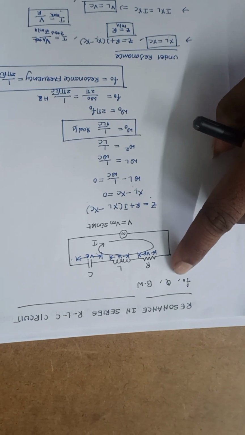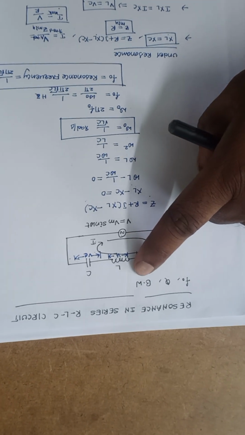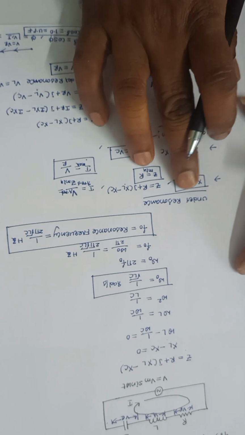Okay, so that is about the finding of this resonance frequency. First point is finding of the resonance frequency. Next point is finding of the bandwidth and some conclusions we should draw under resonance frequency.